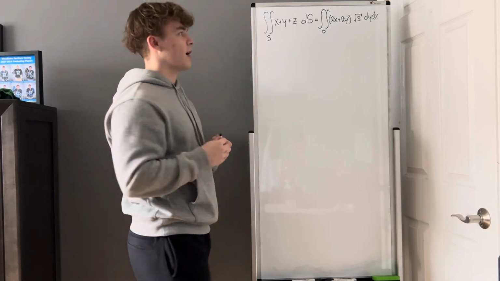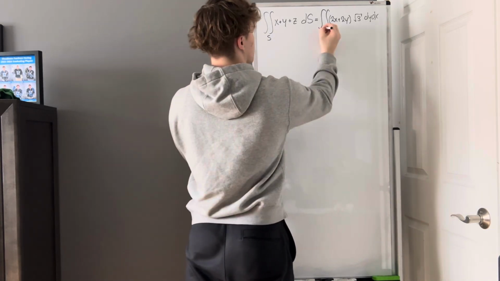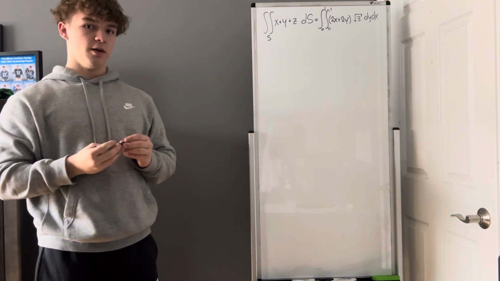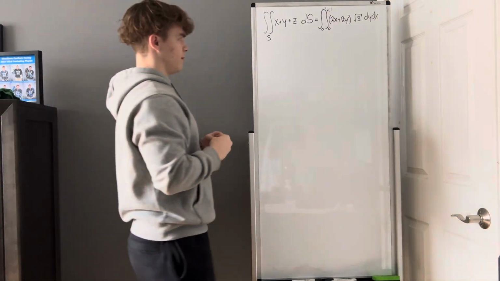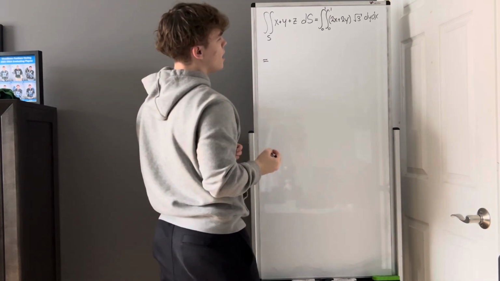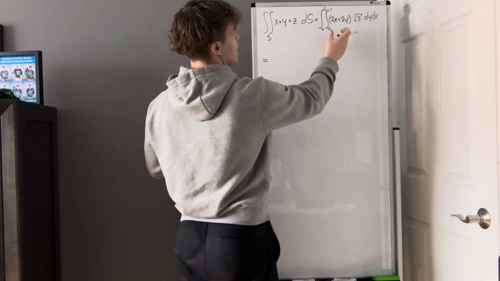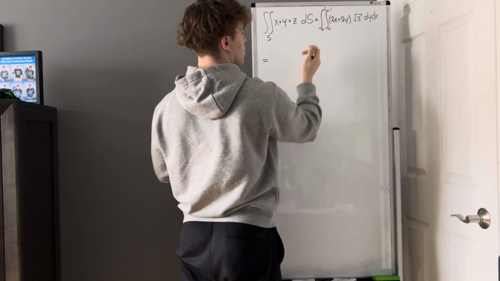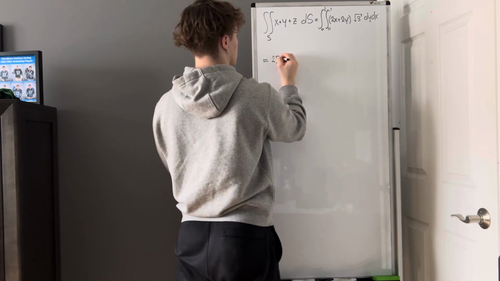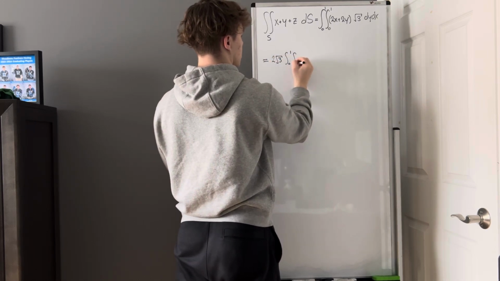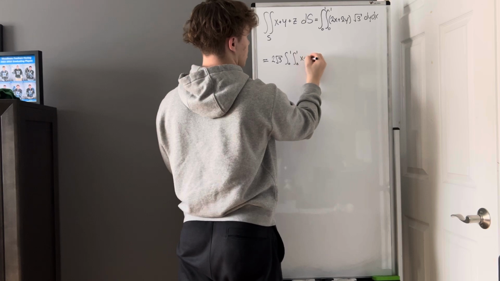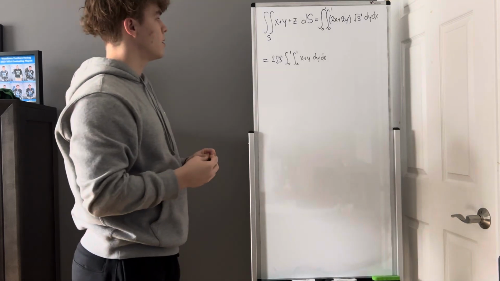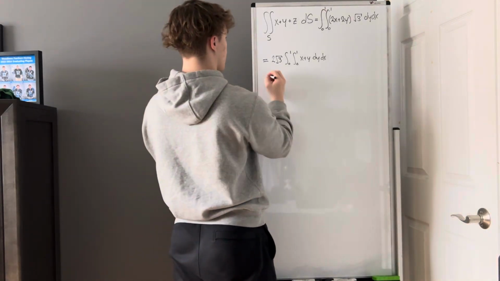And we remember that x and y both span from 0 to 1. This is a very simple double integral that we can just evaluate. So now we can take our 2 out, factor these 2's out, take the √3 out. Okay, let's integrate with respect to y.